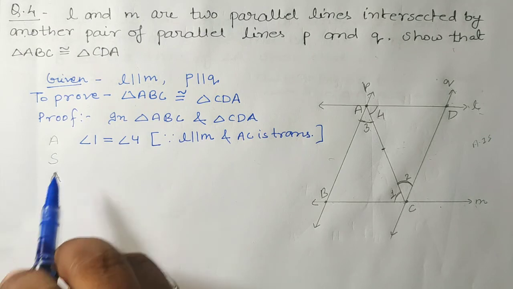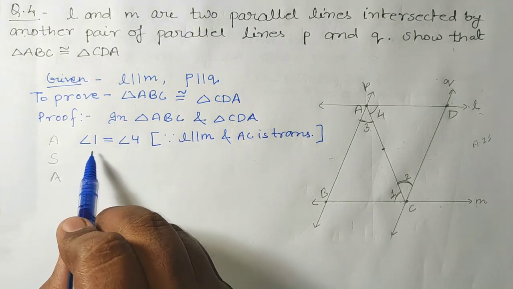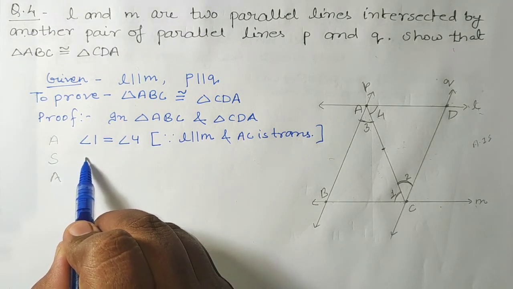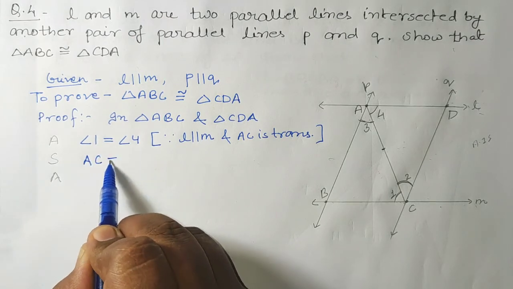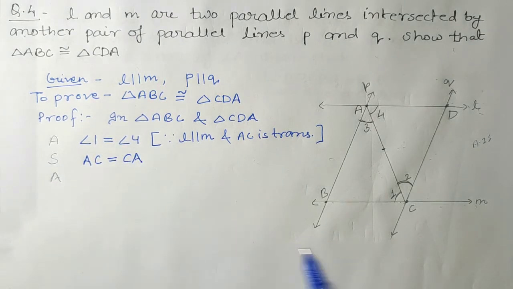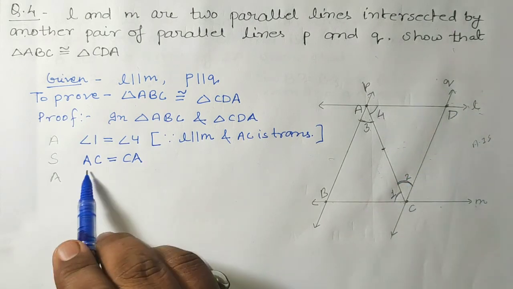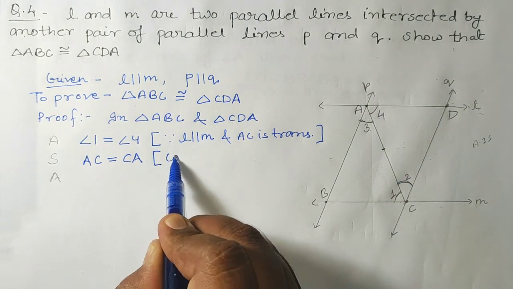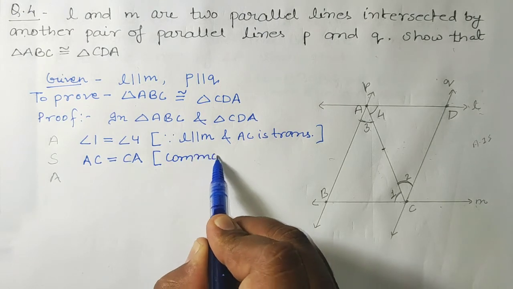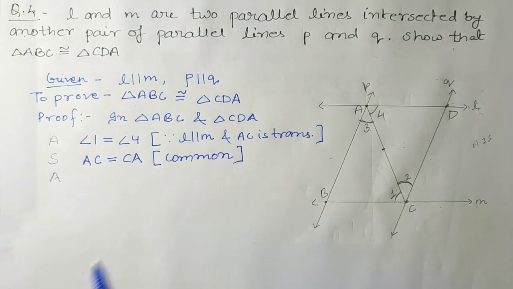Now we'll write the side. Side AC is equal to CA, which means it is the common side for both of the triangles, so that will be equal.